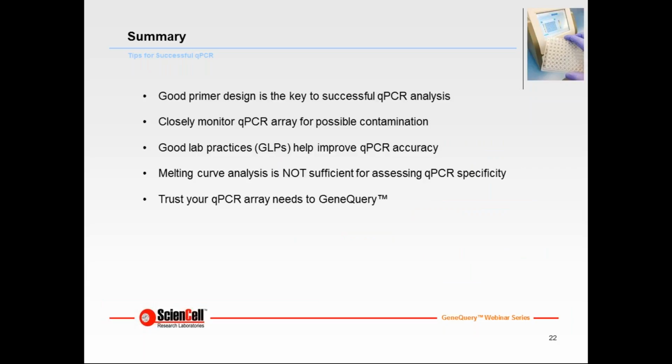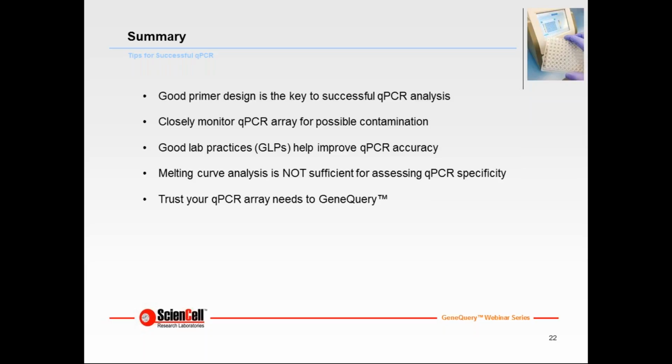In conclusion, today we have showed you that good primer design is the key to successful qPCR analysis. To save you time so that you can focus on more important aspects of your research, we recommend our GeneQuery validated primers for your gene expression analysis needs. And when doing qPCR arrays, you should closely monitor for possible contamination by including multiple controls.